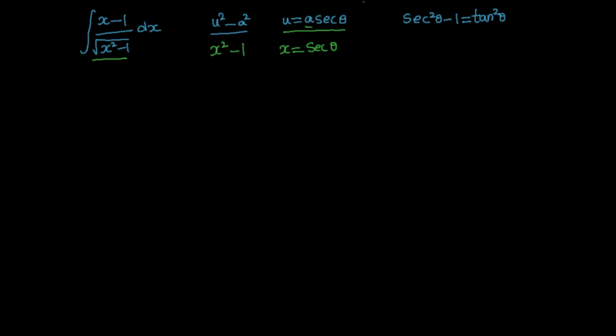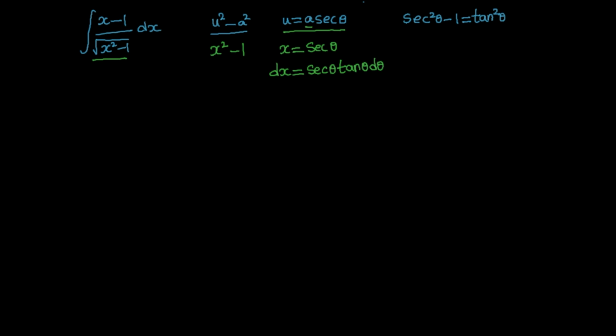Since a is 1, we can write x is equal to secant theta directly, and differentiating on both sides with respect to theta, we get dx is equal to secant theta tan theta d theta.